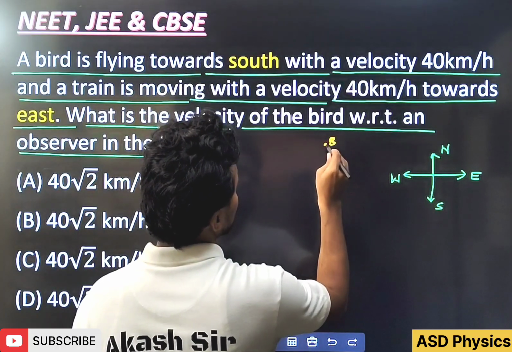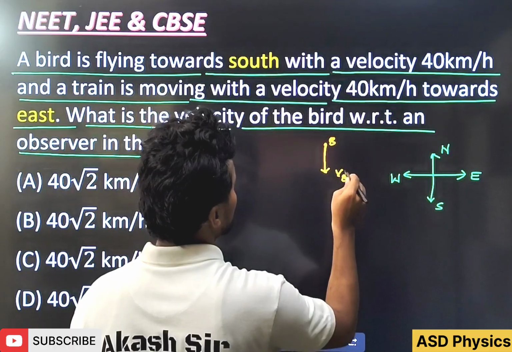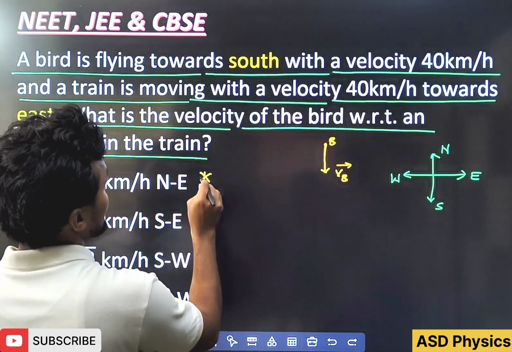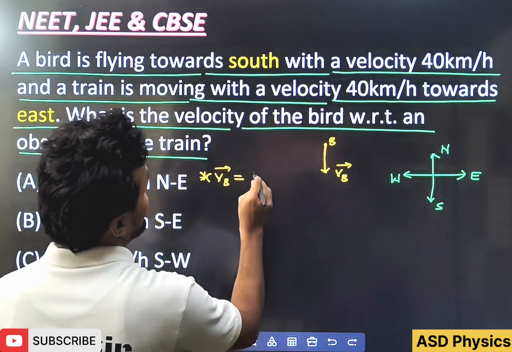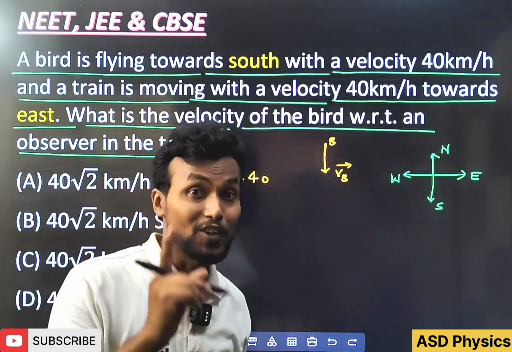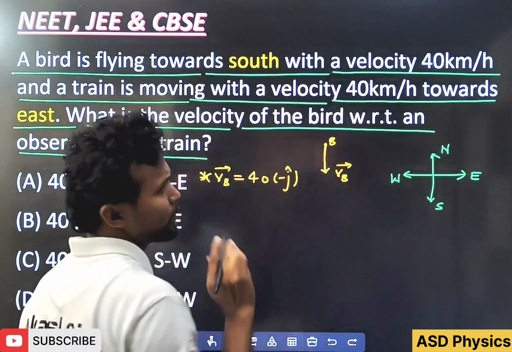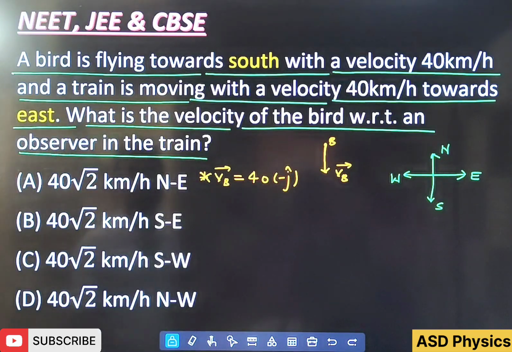This is the bird is there now, and bird is flying in a south direction like this here. Velocity of bird here, south direction. What we can write here? See, velocity of bird is given by what is the magnitude? 40. Direction, you can see downward along negative y-axis. So we have to take here minus j cap. Is it kilometer per hour as it is? Next one, if we talk about here, train is going in a which direction?